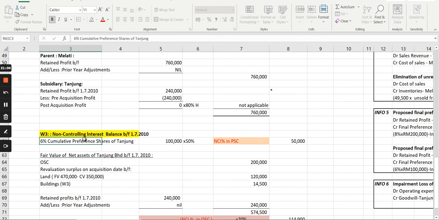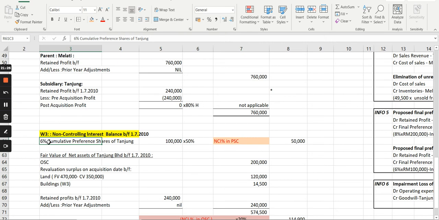Okay. So first, you should understand that, of course, we are going to find out what is the fair value of net asset on 1st of July. This is not just relating to the retained profit, because when we talk about non-controlling interest, it's not just the share in the retained profit, but also their shares in other net asset.